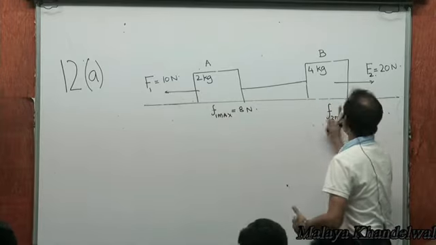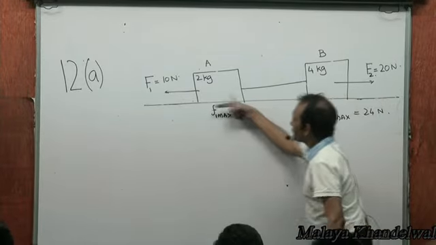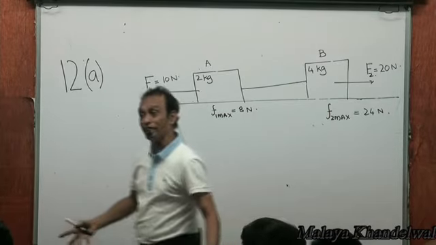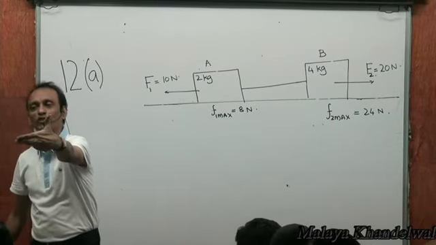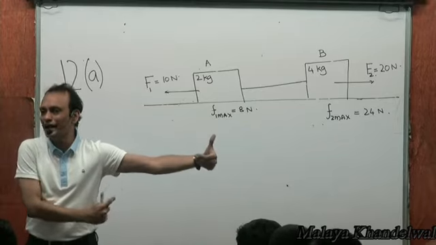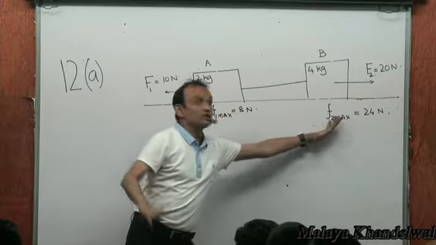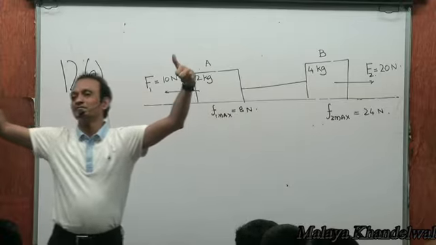And together A and B can combat 8 plus 24, 32 newtons to the left, to prevent a 10 newton force from pulling them to the right. A frictional force of more than 10 newtons is there to combat that.